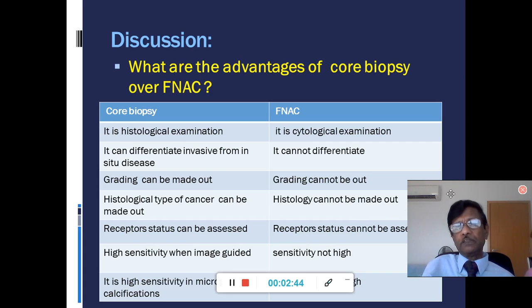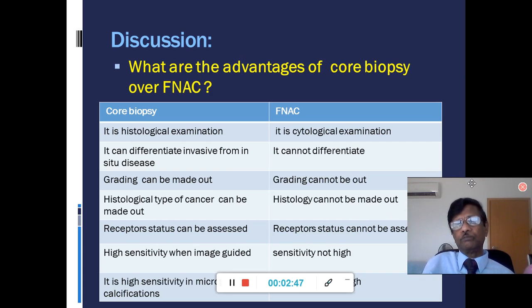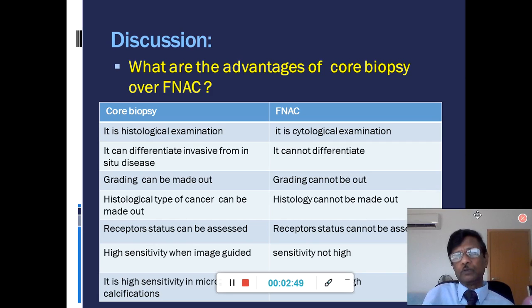What are the advantages of a core biopsy? In core biopsy, tissue is taken for histopathological examination. In FNAC, it is a cytological examination. So core biopsy is a histological examination and FNAC is a cytological examination.